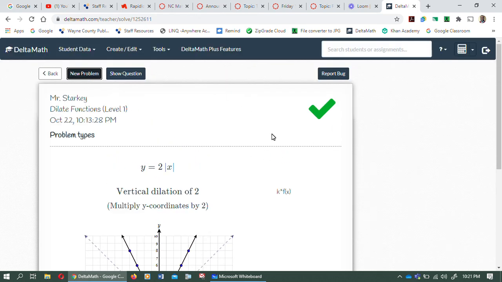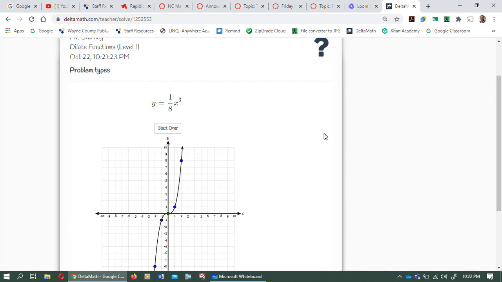All right, I'm going to find a problem where it's a vertical shrink, just to show you really briefly. Okay, so guys, this one here is a vertical shrink, and we know it's a vertical shrink because you're multiplying by 1/8. This number that we're multiplying on the outside here is smaller than 1.